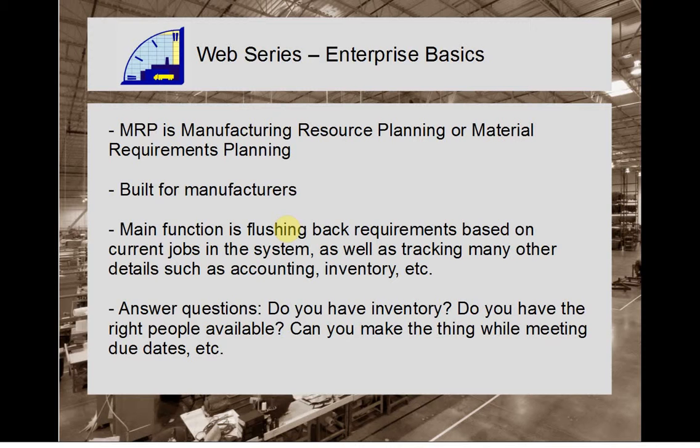The main value of MRP software is you feed in a bunch of information. For example, you feed in products and details about what it takes to make that product. That product may have routing information, material requirements, inventory requirements, what raw materials are needed to go into that product and how much of them, what machines that product needs to go through, perhaps what experts are needed to work on it to make the final good, and things like that.